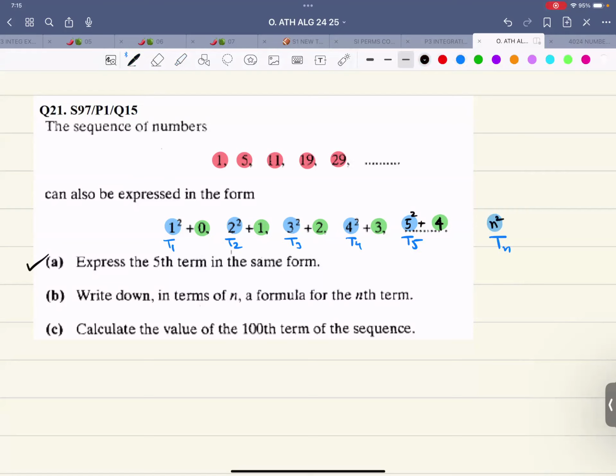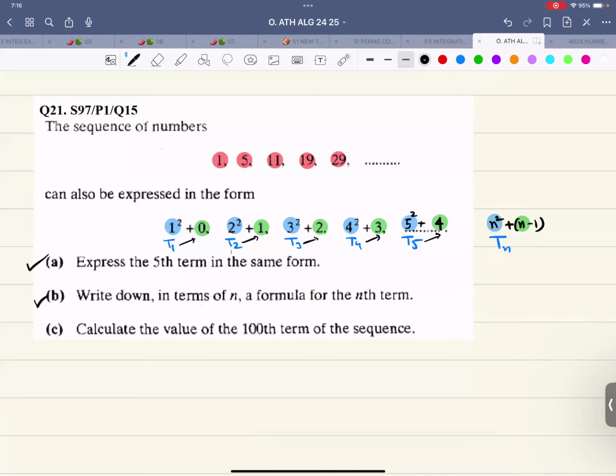Got the idea? And when we talk about the green dot, that green dot is 1 lesser. So in T1, this is 0. In T2, this is 1. In T3, this is 2. In T4, this is 3. In T5, this is 4. In Tn, this is n minus 1. So that is how you get this thing.